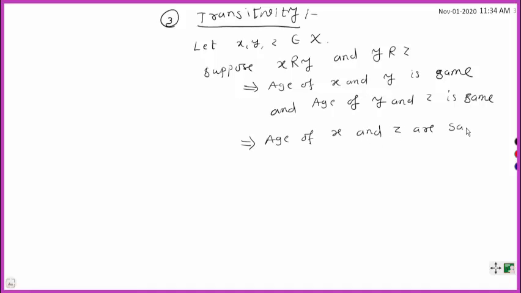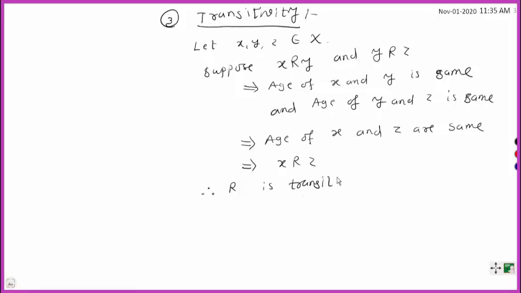Why? Because age of x and y are same and age of y and z are same, so age of x and z are same. This implies that x is R related to z. Therefore, whenever we have x is R related to y and y is R related to z, we get x is R related to z. Therefore, this relation R is transitive.